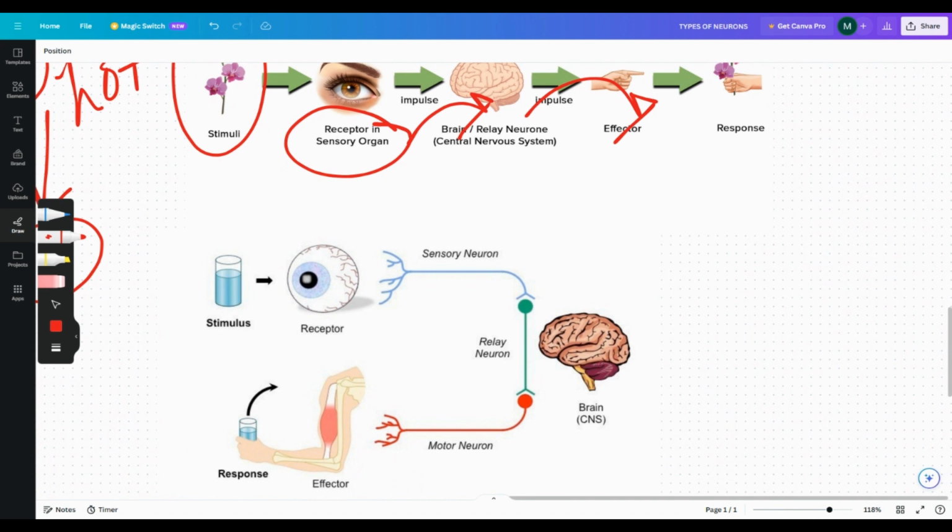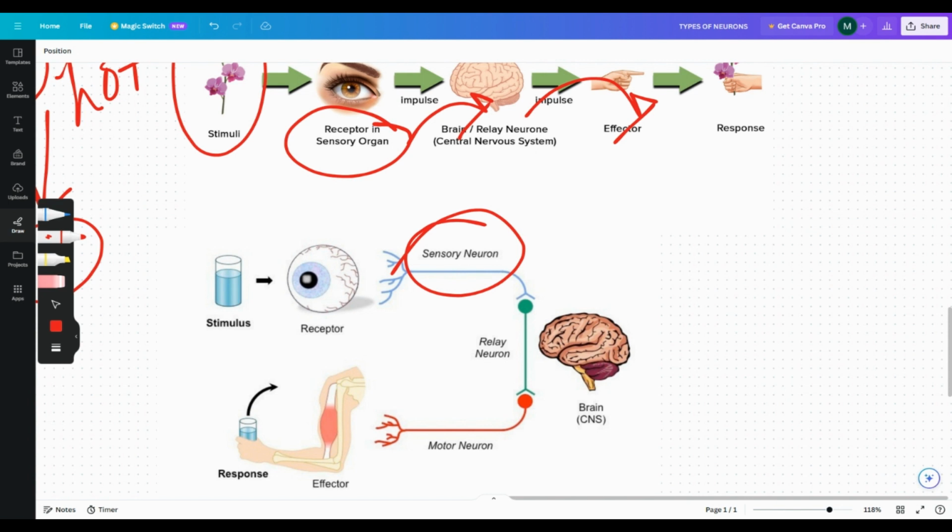Another example I would like to show you is that this is a stimulus. You see a glass of water in the room and you want to drink it. Maybe you're thirsty, that's why you want to drink it. So that stimulus, that there is water in the room and you are thirsty, it is the work of the sensory neuron to send it to the brain that there's a glass of water.